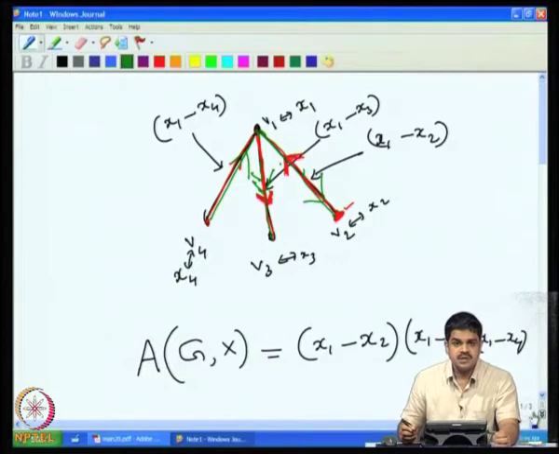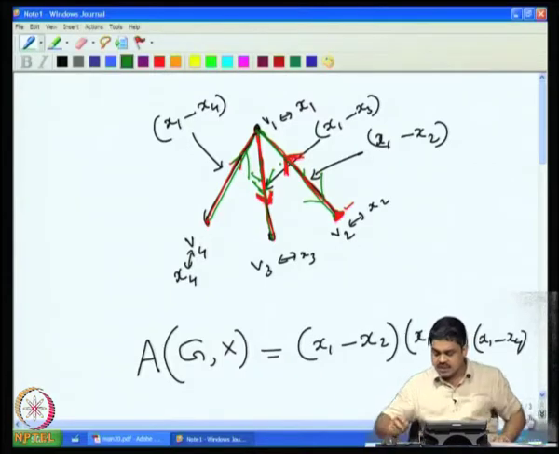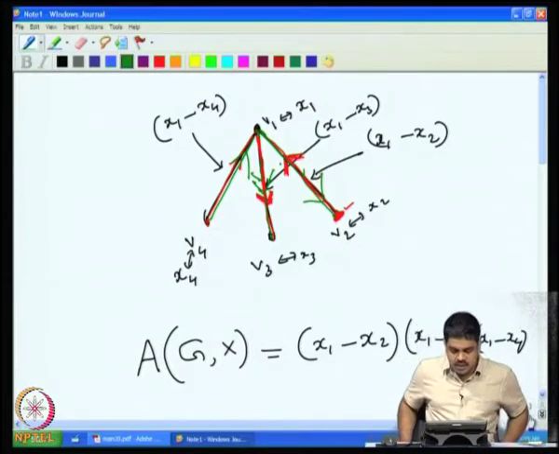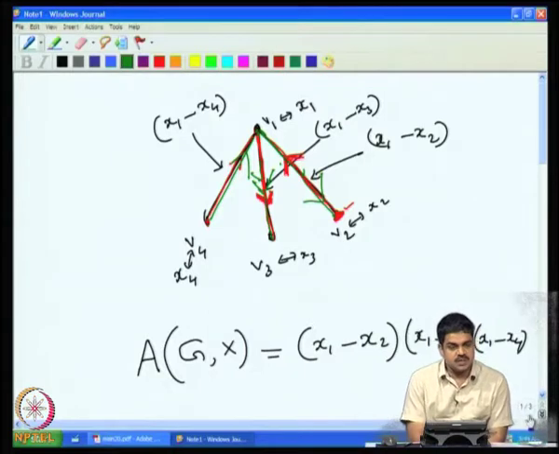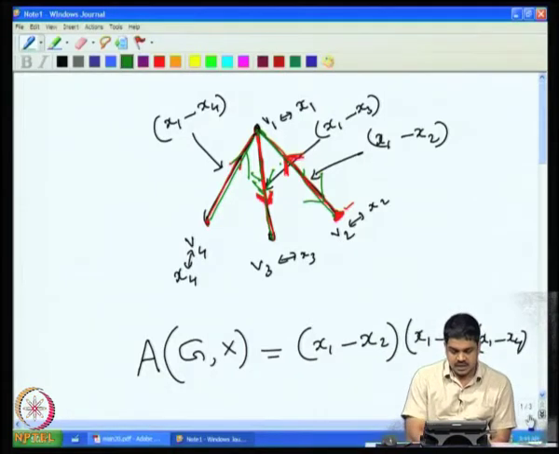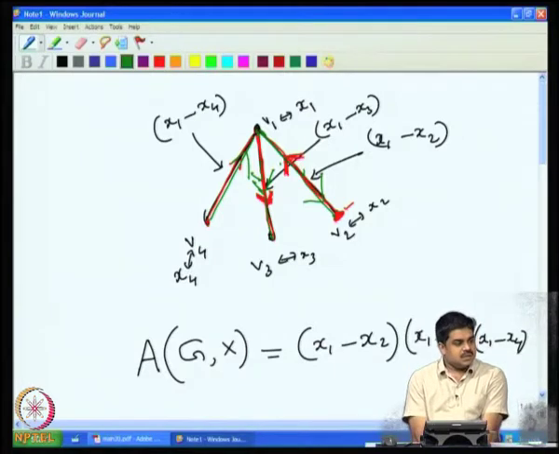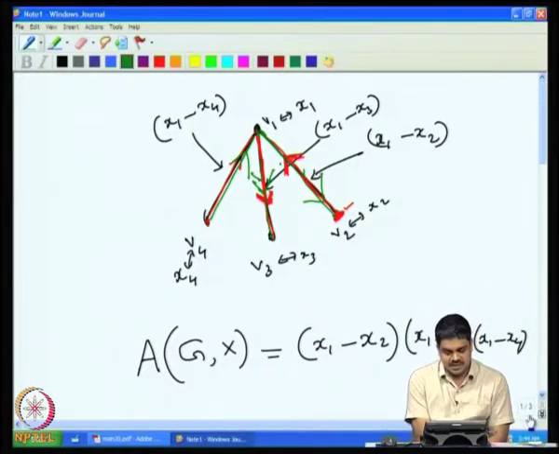Now, the next thing is to understand what signs we can get. We can see that the same term, say x1 square x3, can come several times.